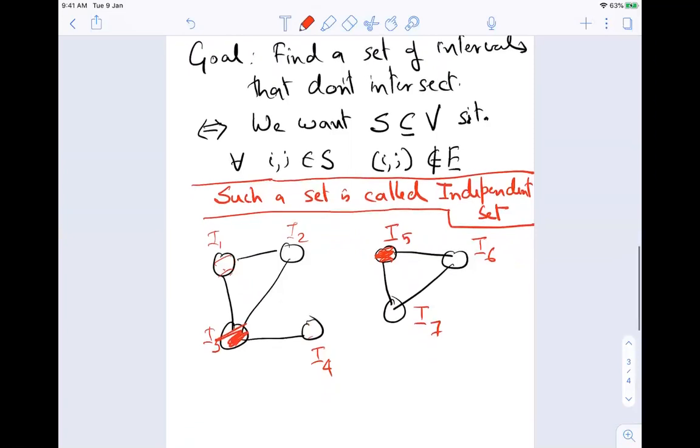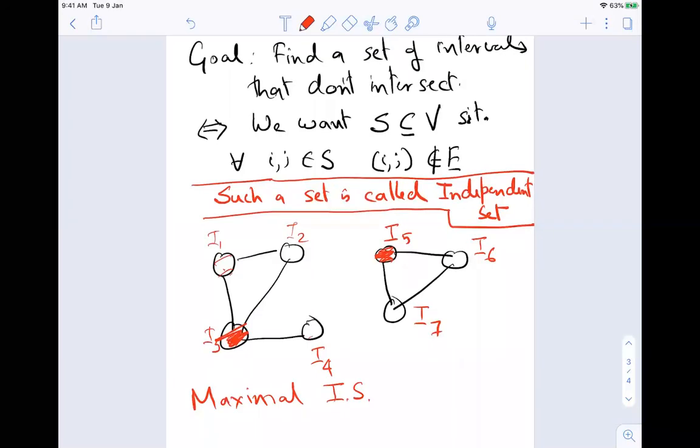And in some sense, I am going to use a few words that you will all kind of understand. One of them is called a maximal independent set. What is a maximal independent set? An independent set that cannot be increased. Like I3 and I5 is a maximal independent set, because can you add any more vertex to this independent set?